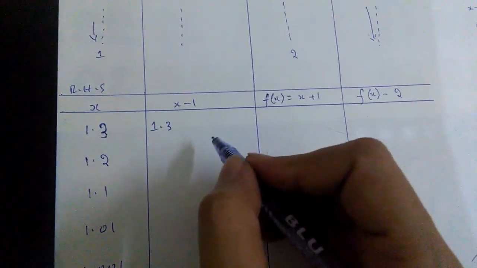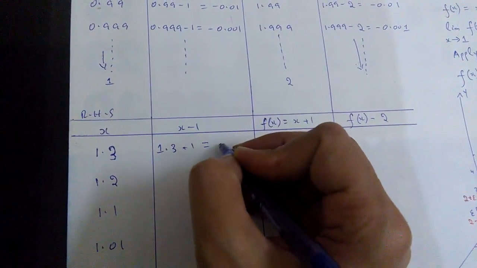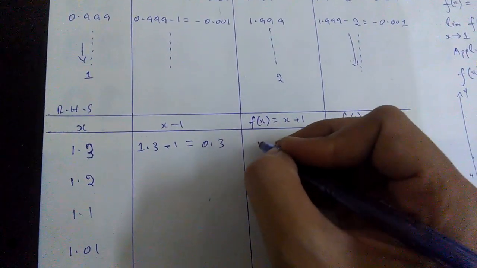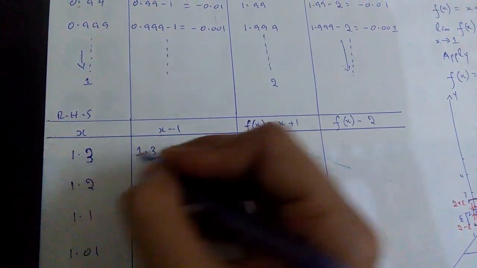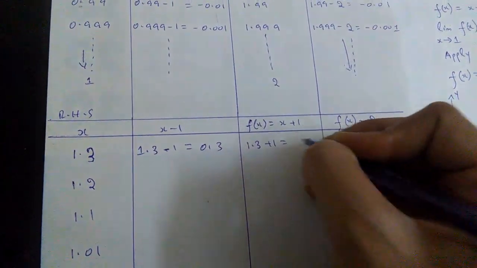So now you perform the same action here, the x minus 1. So x minus 1 is giving you 0.3, and 1.3 plus 1 is giving you 2.3.